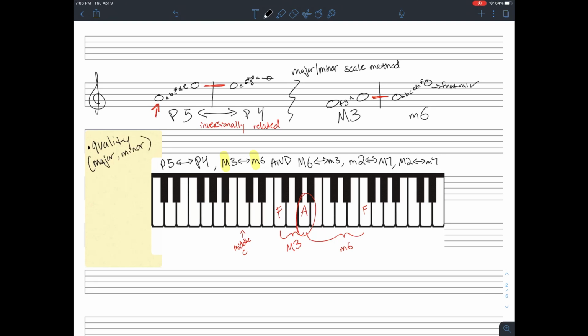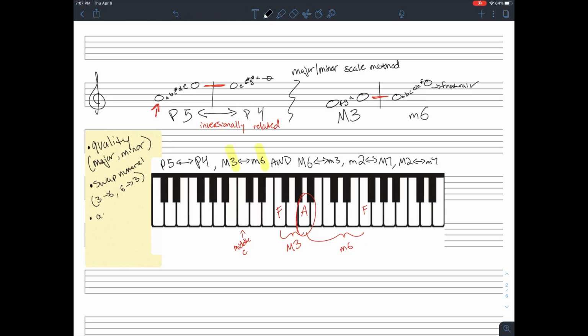Now there's an easier way to remember all of this. Think of the quality. The qualities are going to swap when you invert an interval. Instead of major, you're going to have minor. Instead of minor, you're going to have major. You're also going to swap the numeral. So you're going to swap 3 for 6, 6 for 3.